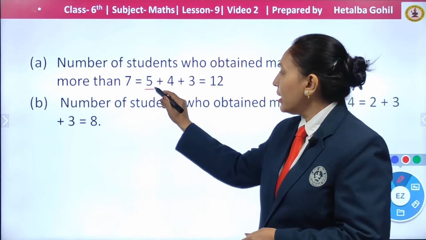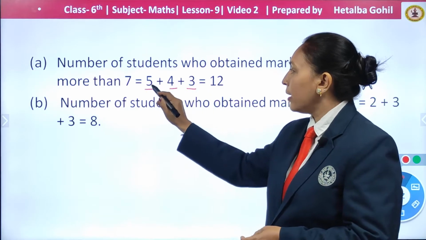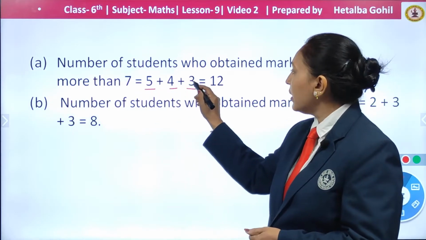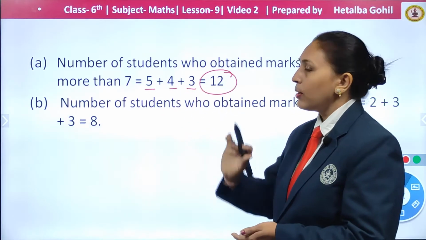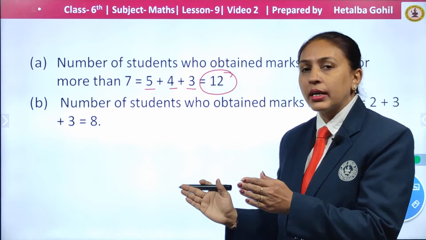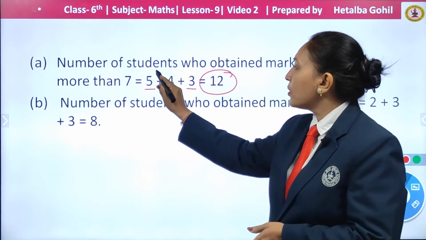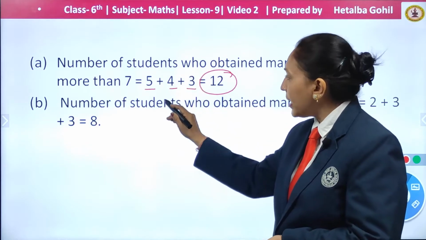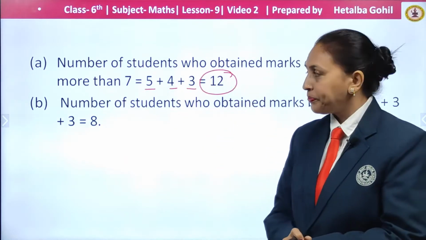So 7, 8 and 9, these are the students who got 7 or more than 7. How many students were there? 5 plus 4 plus 3, that is equal to 12 students. Okay, so all the students who got 7 or more than 7 are covered: the number of students who got 7, 8 and 9. Total 12 students here.